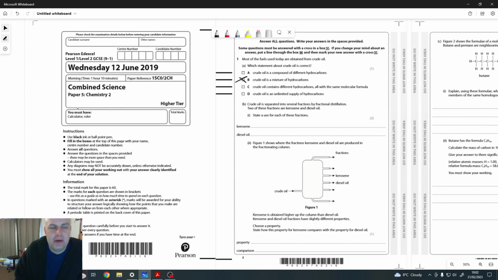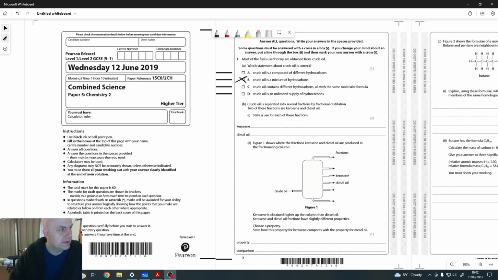Now, crude oil is separated into several fractions by fractional distillation. Two of these fractions are kerosene and diesel oil. Okay, so did you learn your uses of these things?